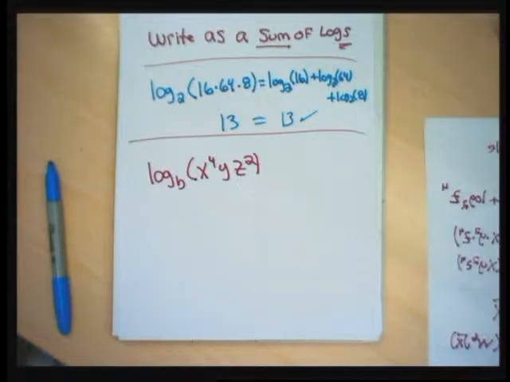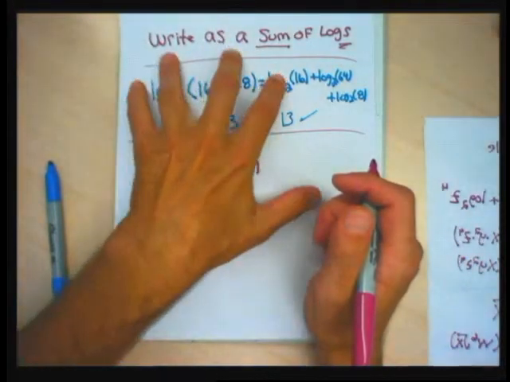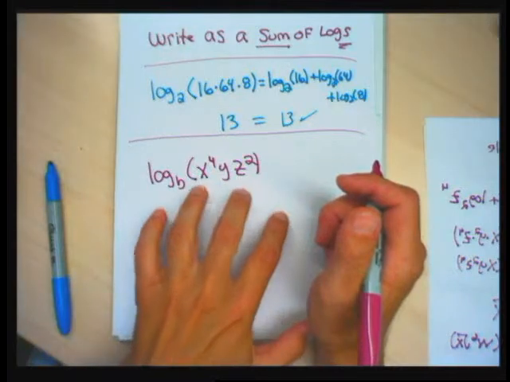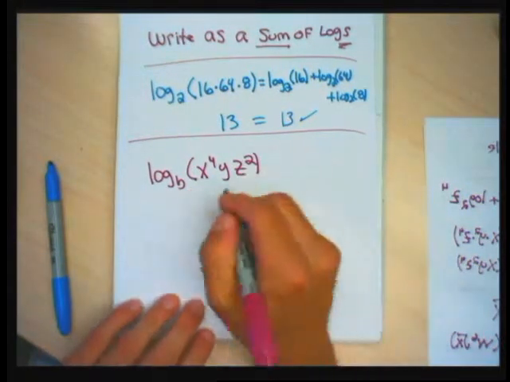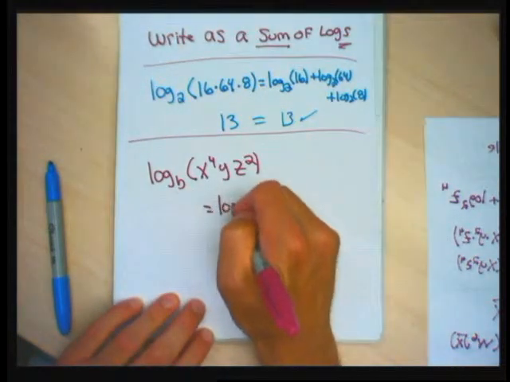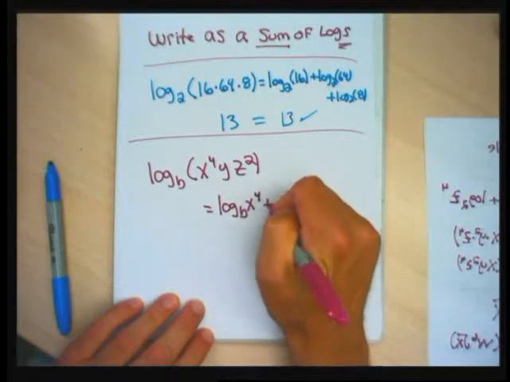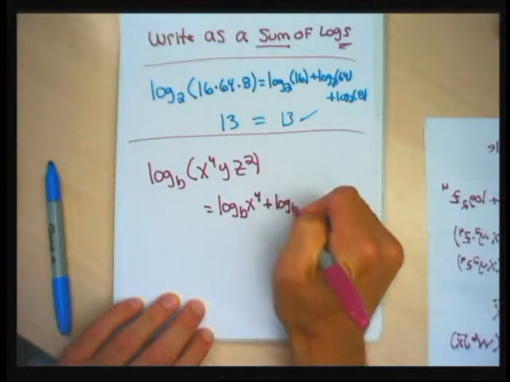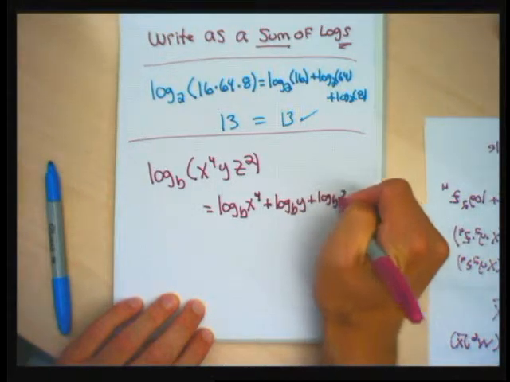If I have multiplication within a logarithm, I can expand from one log to as many logarithms as there are items being multiplied if I use the sum to product rule in reverse. And this is going to equal the log base b of x to the 4th plus the log base b of y plus the log base b of z squared.